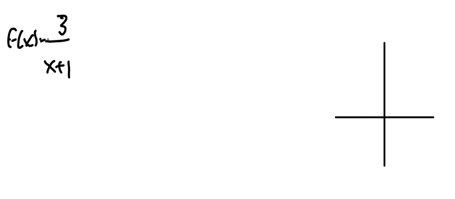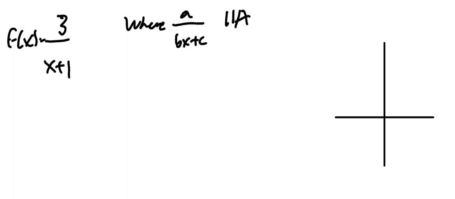So essentially, where a over bx plus c, the horizontal asymptote, or let's use HA, is at y equals 0.